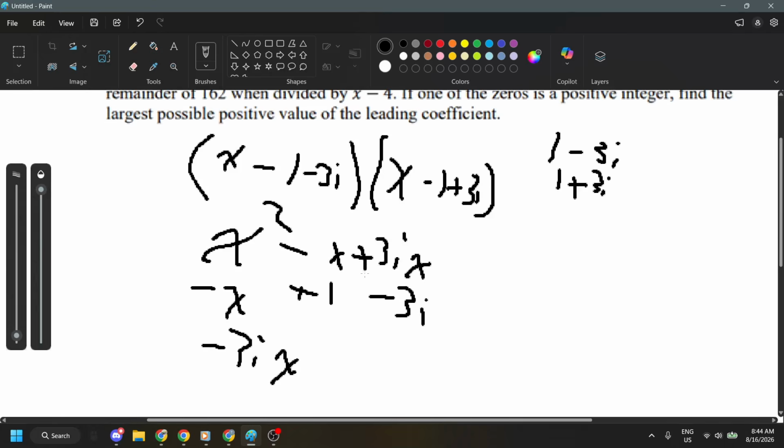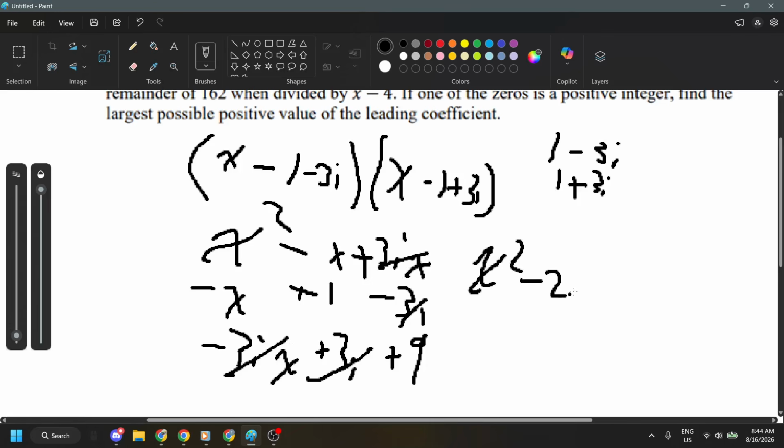This is going to be plus 3ix minus 3ix plus 3i and then minus 3i squared, so it's minus 9i squared, so it's going to be plus 9. These two cancel out, these two cancel out, so we have x squared minus 2x plus 10.